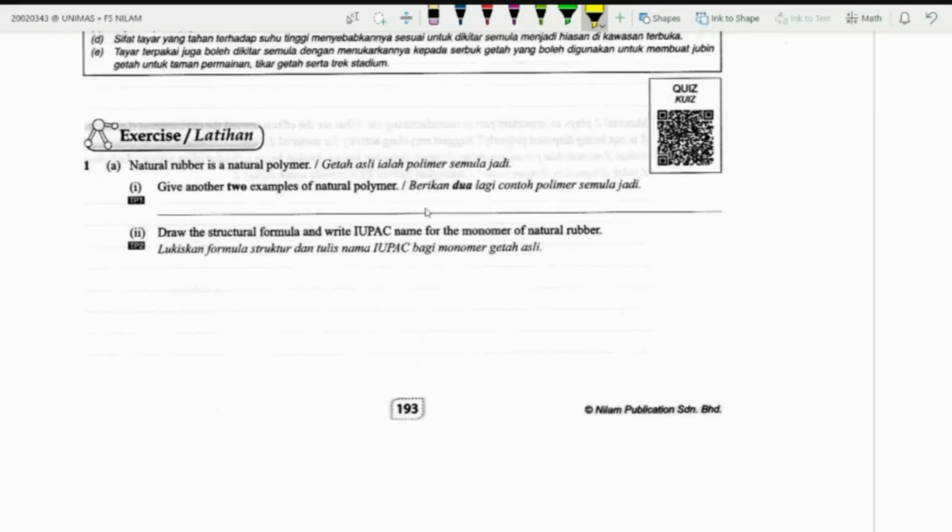Now, number 2, draw the structural formula and write the IUPAC name for the monomer of the natural rubber. Have you tried this? You can write out the name. It's quite long, right?